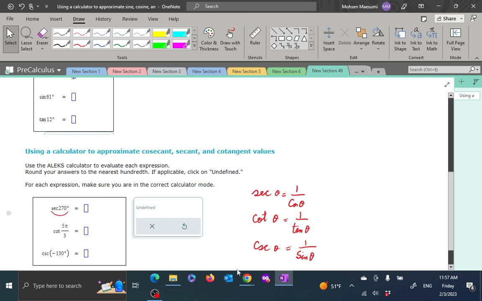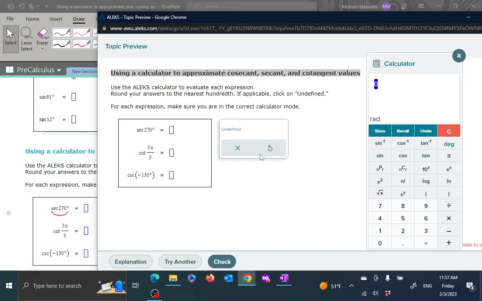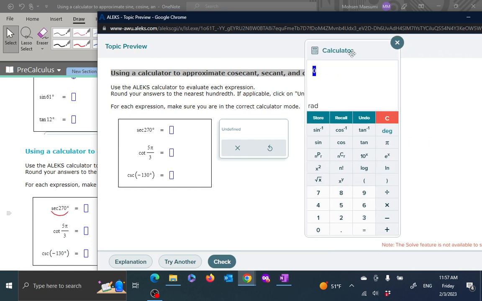Let's just quickly go and check this thing over. So if we have here secant of 270, first let's change to degrees. So 1 divided by, and then you remember we said secant is the reciprocal of cosine, so I say cosine of 270 degrees.